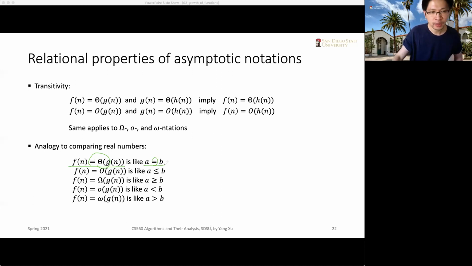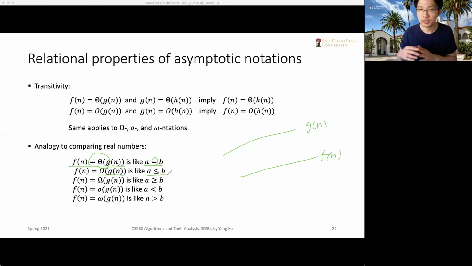And the big O on the other side means that we are describing some upper bound. If f of n equals big O of g of n, which basically means g of n is above f of n, then we can use f of n is less than or equal to the other function.